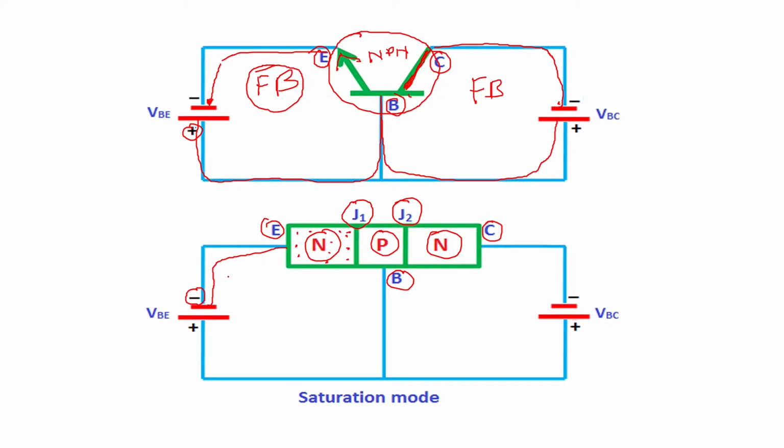So negative and negative, there will be a repelling force, so they will make the electrons flow to the other side. And here you can also see p-type semiconductor which has holes as majority charge carriers. It is connected to the positive terminal of the battery. So even here you have a repelling force, and these holes will also get a force to go away. So both these conditions say that the first junction is forward biased.